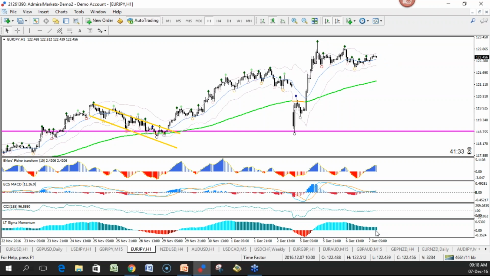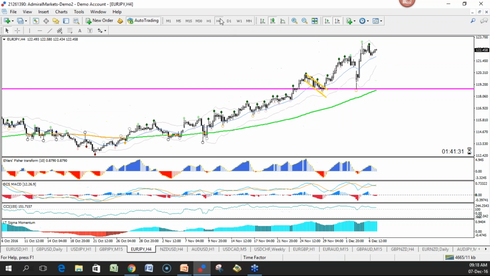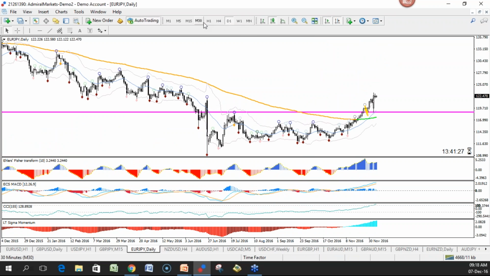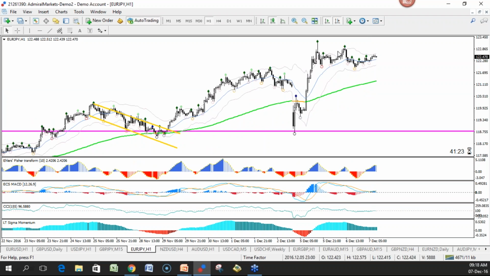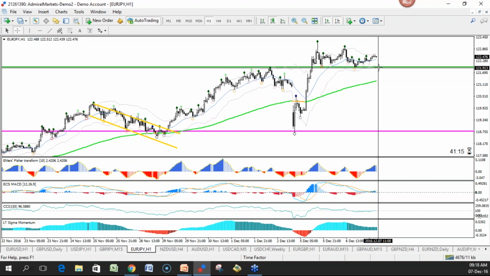So at the moment, these oscillators are still up. This too, but it doesn't have to mean that it will go up, right? But I would say it's still bullish considering the bull flag that's being made. But the level that might change things is this. So that's where I want to be. That's where my analysis says, okay, hey, watch out.